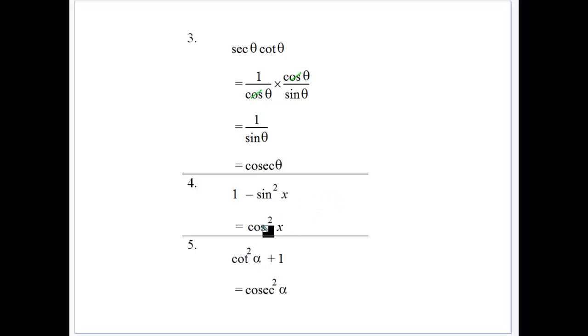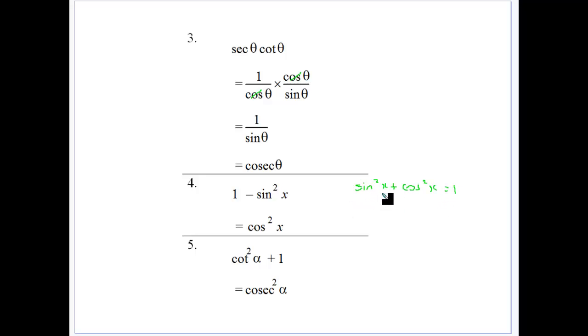Now for 4, we've got to start remembering our main relationships and being able to manipulate it. So we know that sine squared x plus cos squared x equals 1.